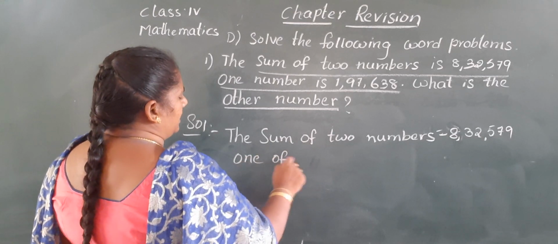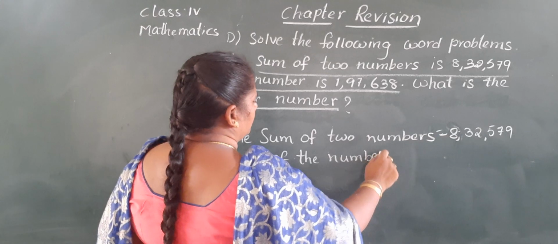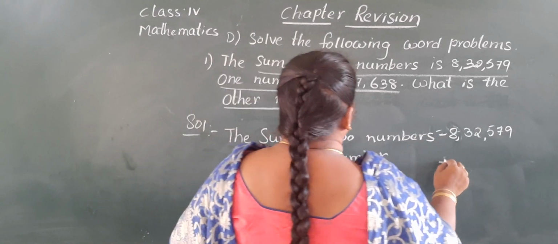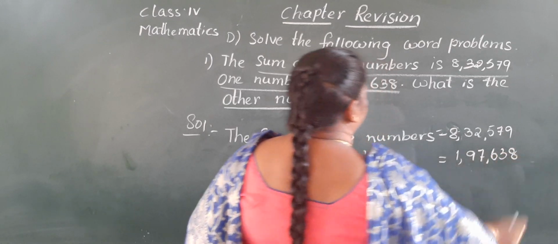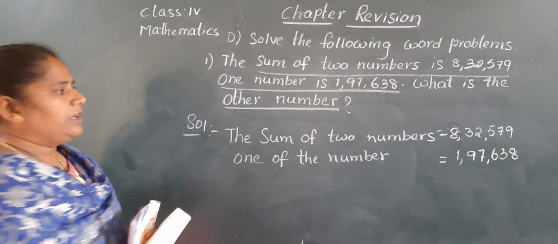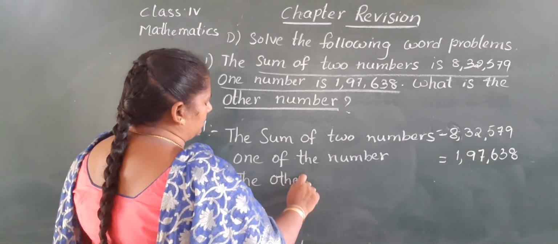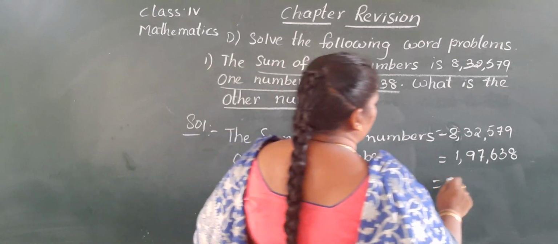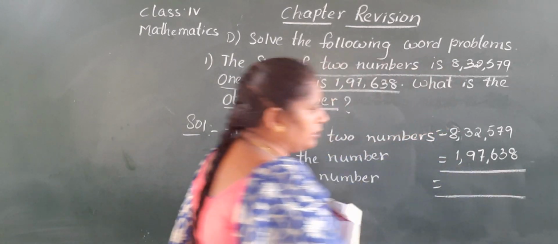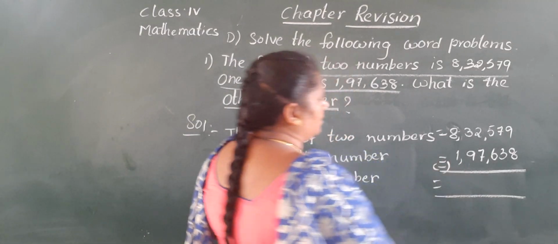One of the numbers equal to 1,97,638. Now we have to find the other number. So the other number equal to, how do you get this answer, children? By adding or subtracting? Yes, very good, by subtracting these numbers.